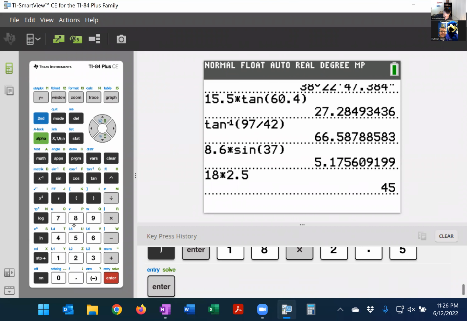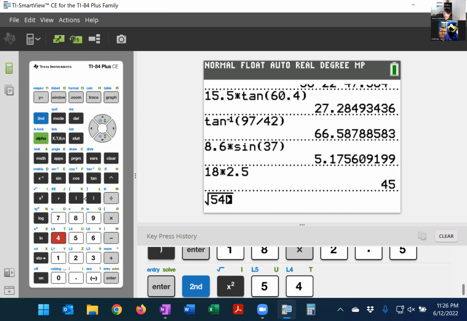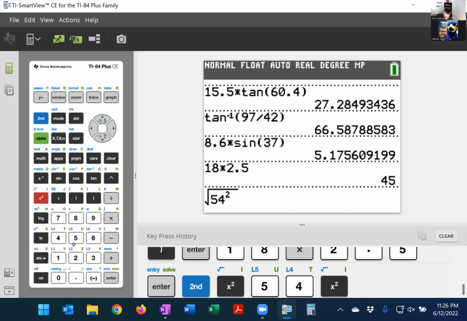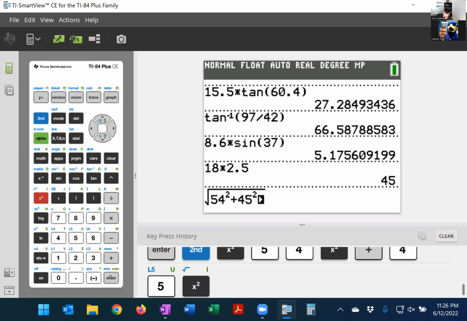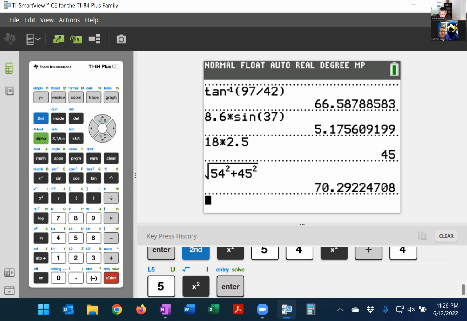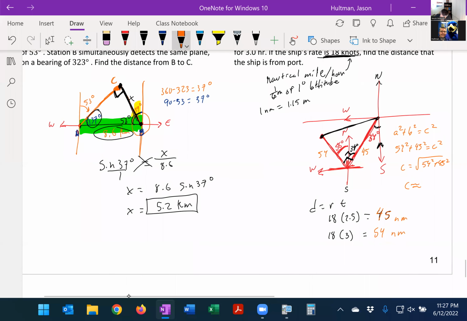The square root of 54 squared plus 45 squared is about 70.3 nautical miles. They didn't give us a rounding instruction, so I'll just round to the nearest tenth of a nautical mile. So this is 70.3 nautical miles.